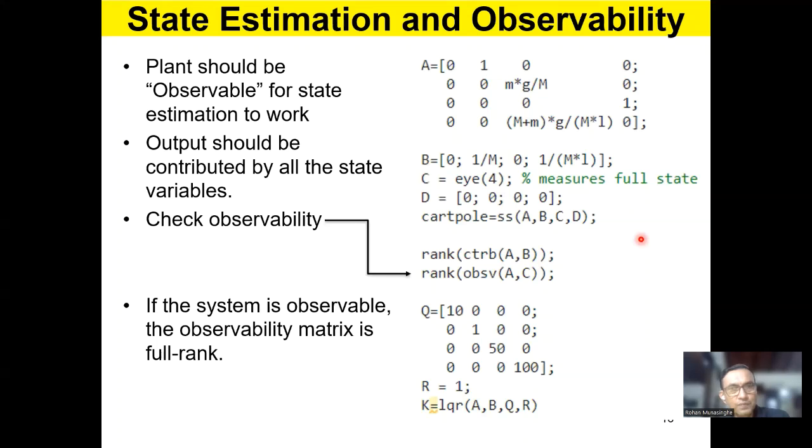But as you know, you cannot use a Kalman filter or any other estimator if the system is not observable. Therefore, you need to first check whether the system is observable. I think you know how to do that using the observability matrix. And if the plant is observable, you can go ahead and implement a Kalman filter to estimate the four states.